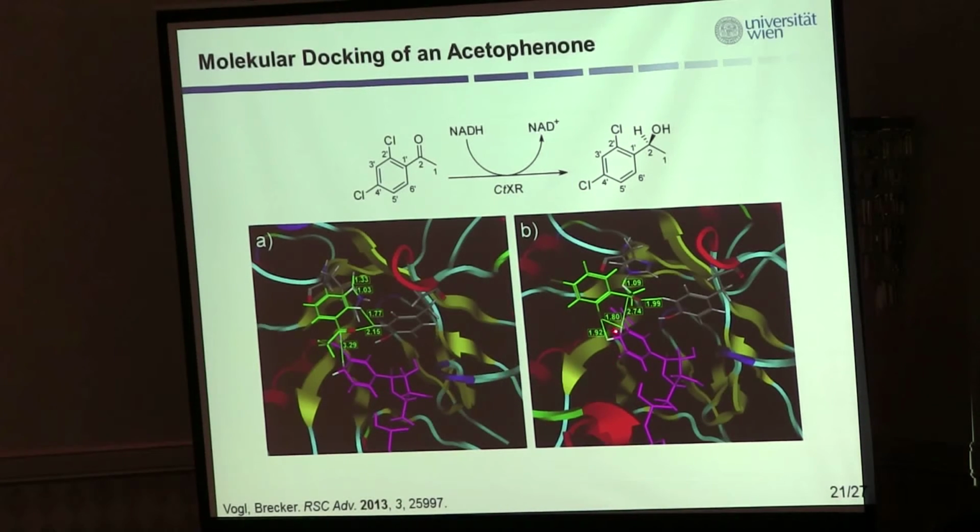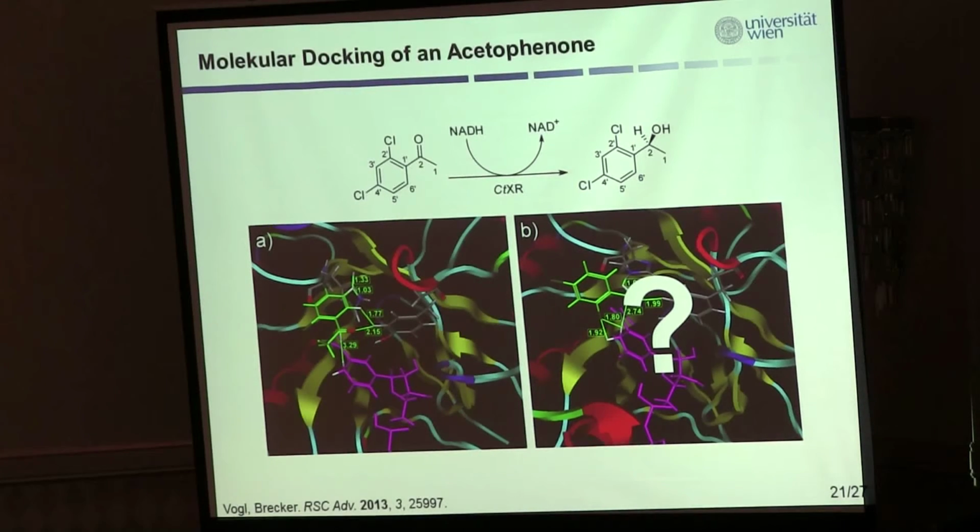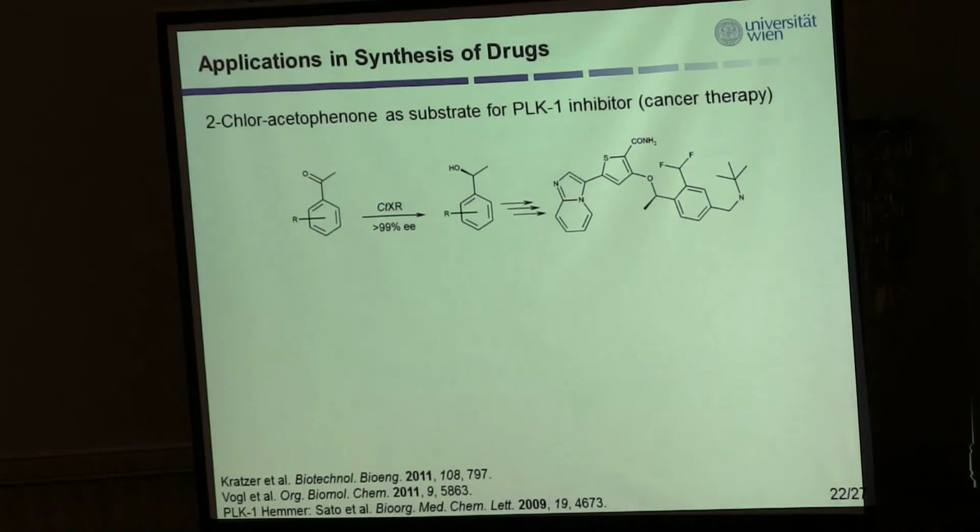But on the other hand side, when we turn the molecule around, we are only half a kilocalorie worse than in this case, and that does not really explain why we have more than 99% of one enantiomer, of the S-enantiomer. And there we still have a little question, but that is more a question to the guys who make the calculations if there have been some more details involved.